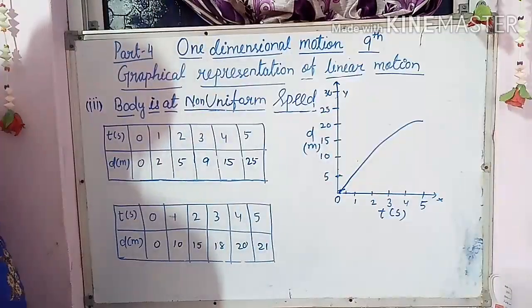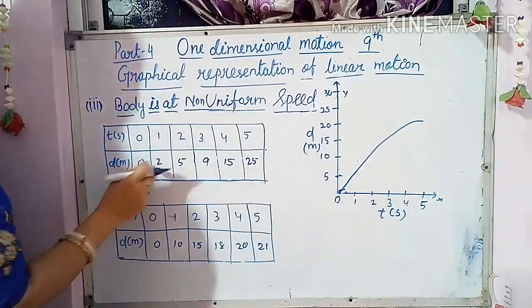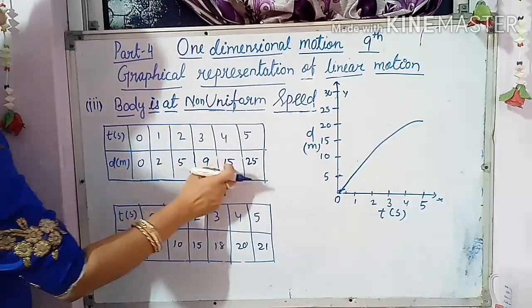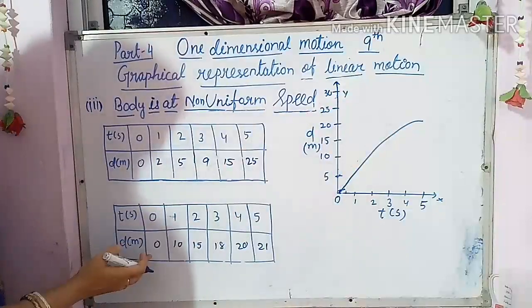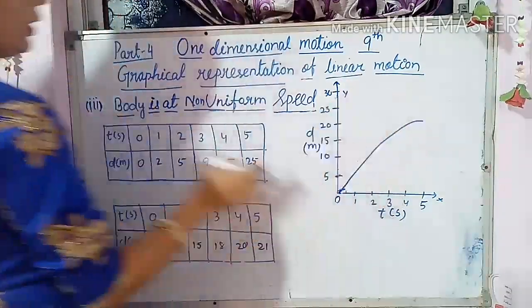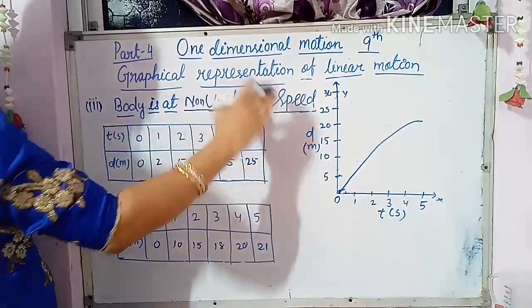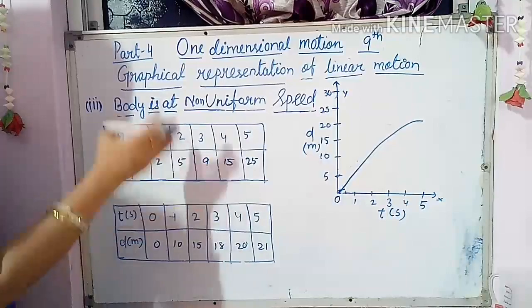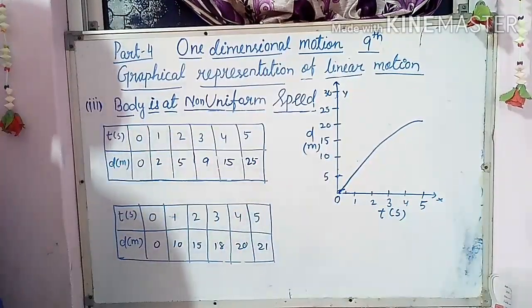The graph will be like this. So if the distance interval is increasing, the graph will be like this. But if the interval is decreasing, then your graph will be like this. Both the graphs come under the body is at non-uniform speed. Now children, let's watch once for 1 second. After that I will go to the next graph.